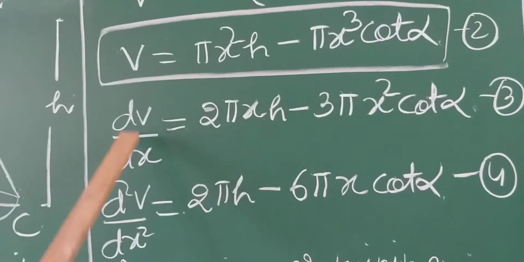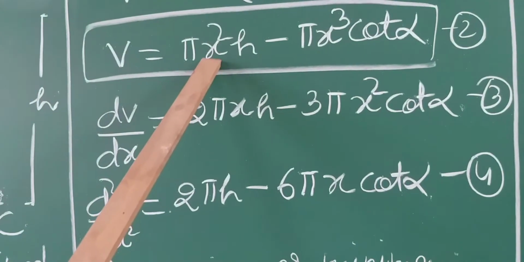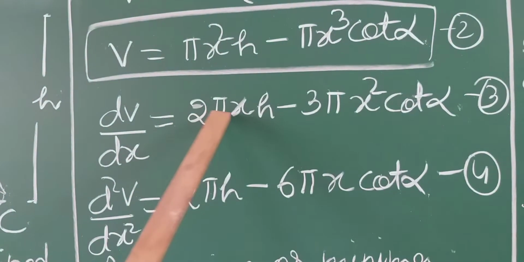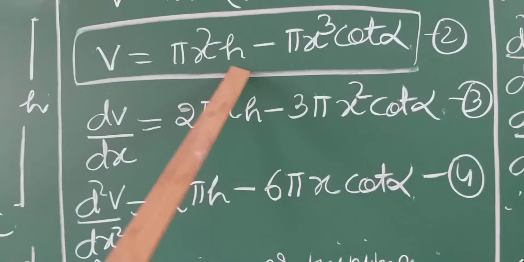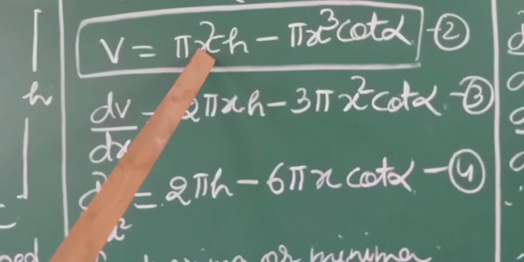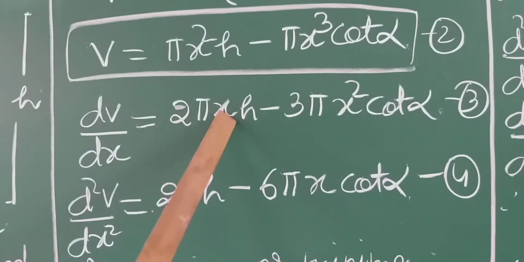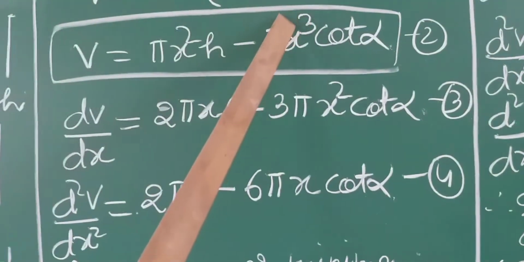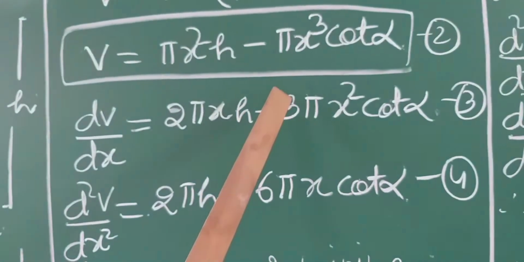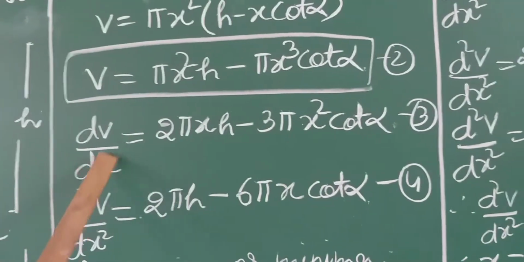So dV upon dx equals 2 pi xh. Pi h is constant, students, and the derivative of x square is 2x. Minus the derivative of x cube, 3x square, so 3 pi x square cot alpha. This is the first order derivative.